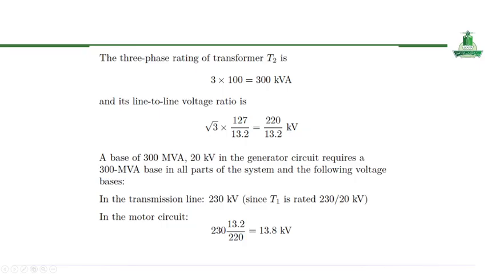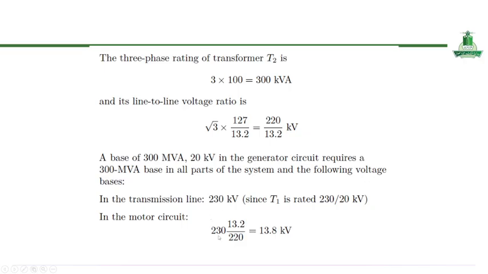So throughout the network, ensuring consistency in per unit calculations, and based on transformer T1's rating of 230 kilovolt per 20 kilovolt, the voltage base in the transmission line is set to be 230. Do you remember all of this is based on Power System 1?